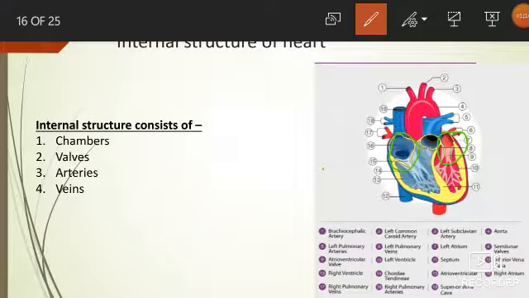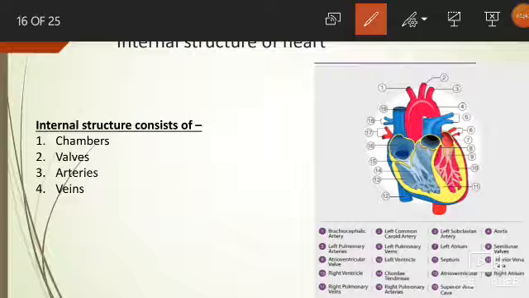Again, the right ventricle and left ventricle are separated from each other with the help of the interventricular septum. As the ventricles are separated from each other, right and left ventricle, the septum is named interventricular septum. Inter means in between, ventricular means two ventricles.